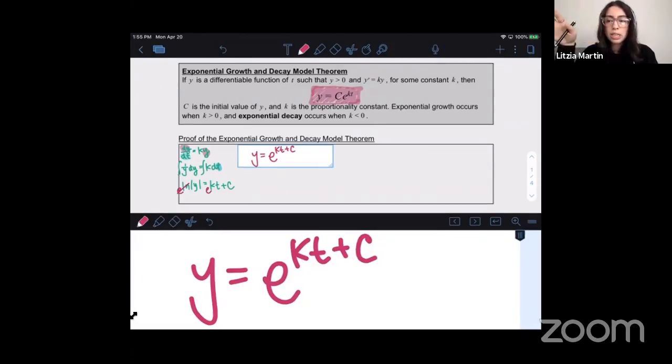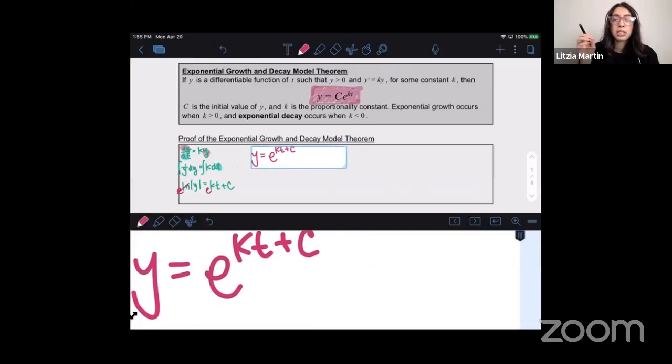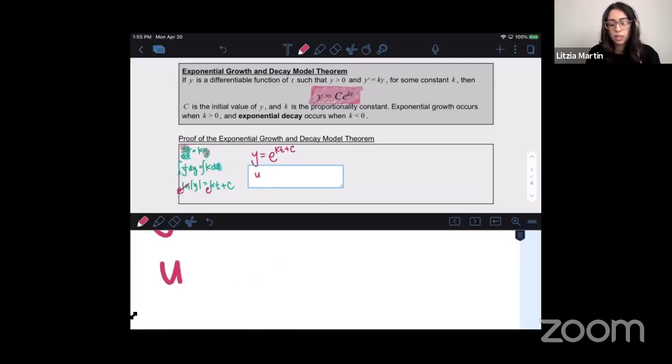Now we have y by itself, but we need to work on the other side and simplify it. So we actually did this in the notes before spring break. We did a similar example to this where we needed to simplify this a little bit more. So we have to use our properties of exponents. If we have addition inside of the exponent, we can break that down. It becomes multiplication of exponentials with the same base.